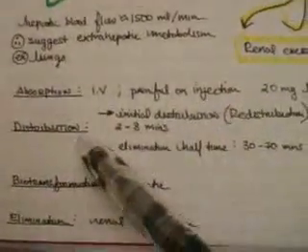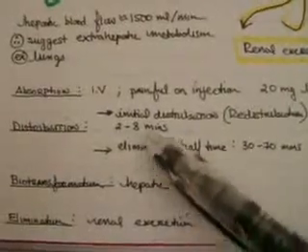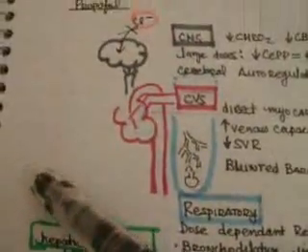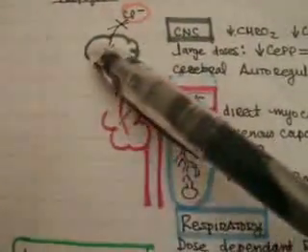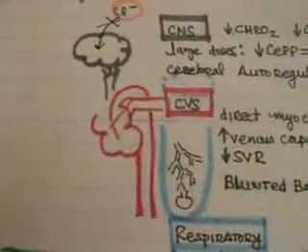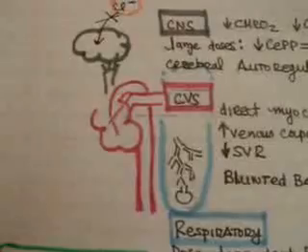The distribution, the interesting thing about propofol, is that if you infuse propofol intravenously, due to its high lipid solubility it goes to the central nervous system with a rapid onset of the clinical manifestation of sedation.